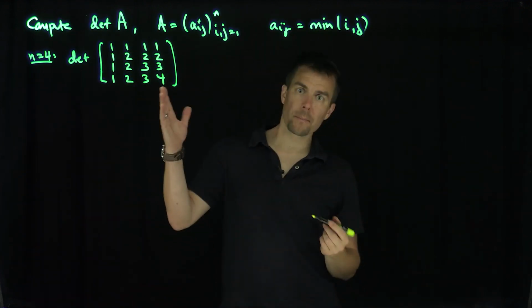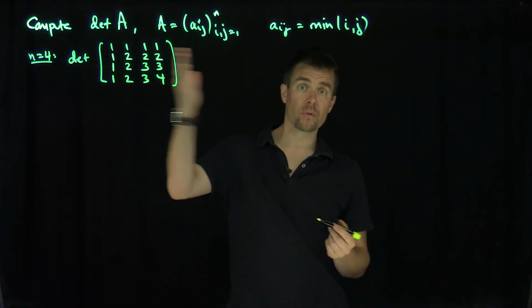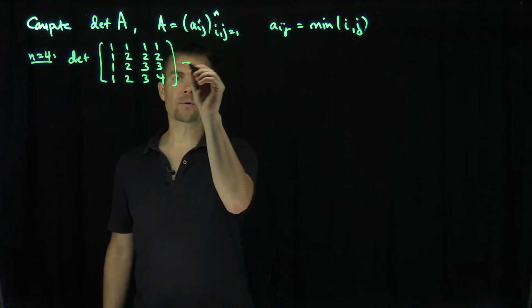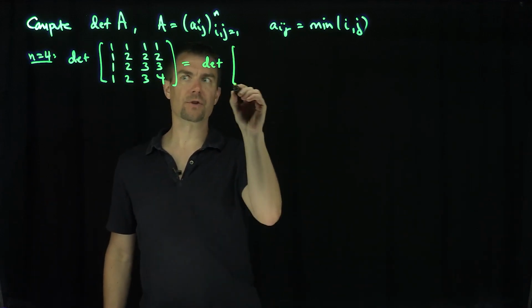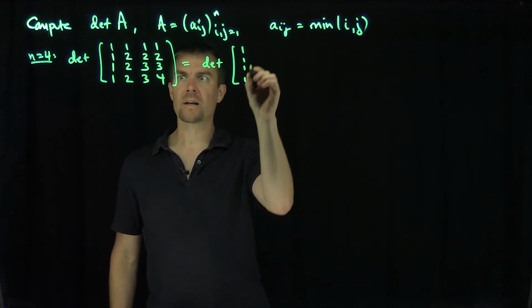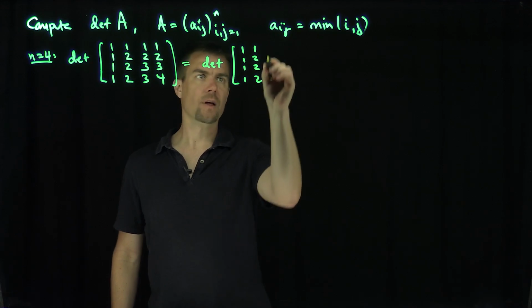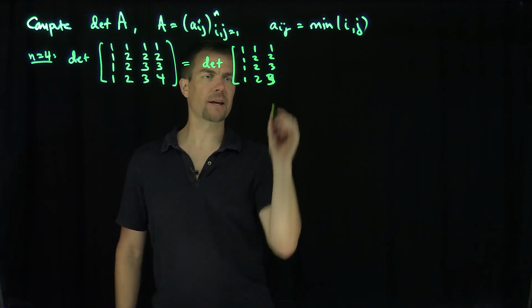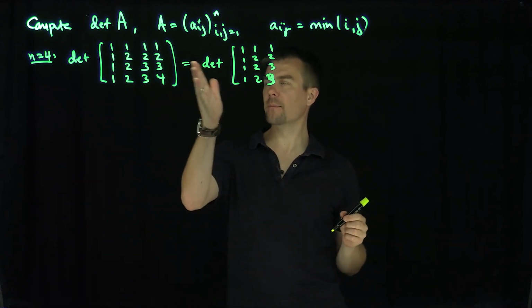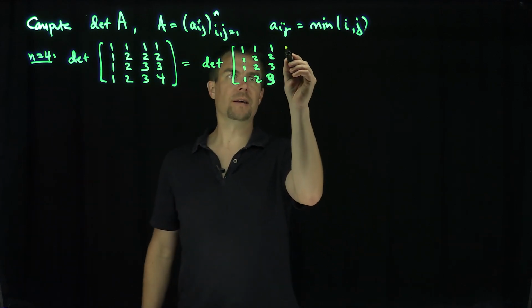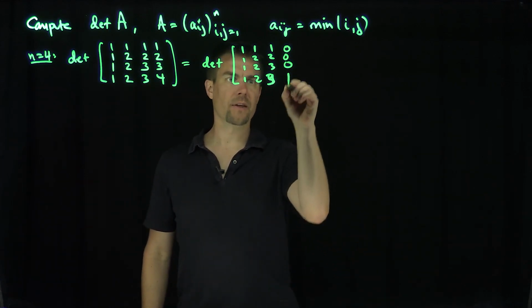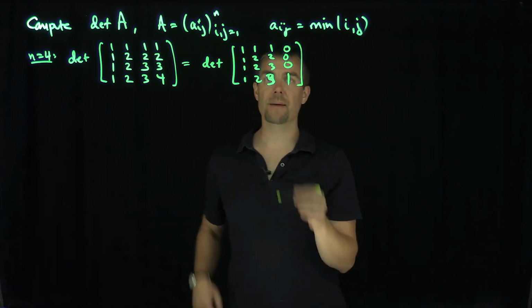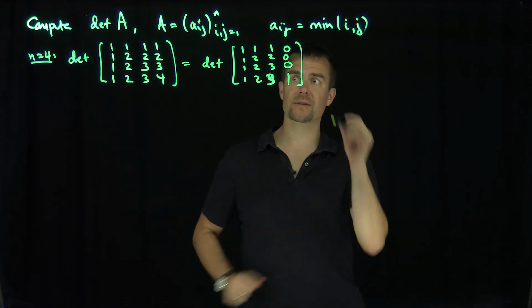What we'll do with the minimum calculation is move along columns. I'm going to reduce this by leaving the first, second, and third columns the same, but replacing the fourth column with column 4 minus column 3. That'll be a 0, a 0, a 0, and then a 1. I'll do the same thing, replacing column 3 with column 3 minus column 2.